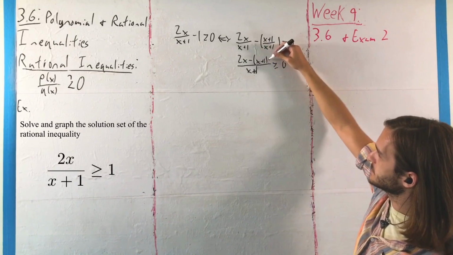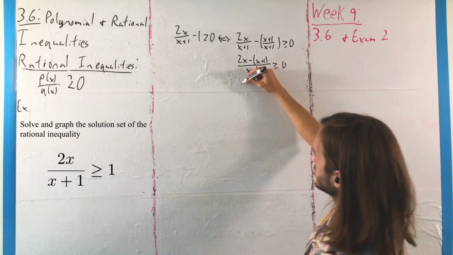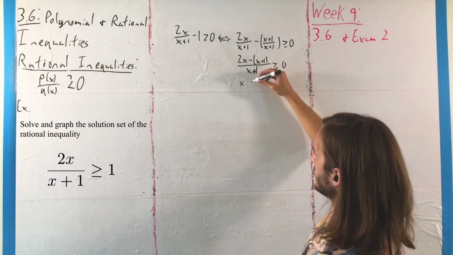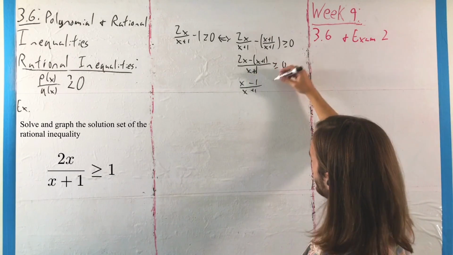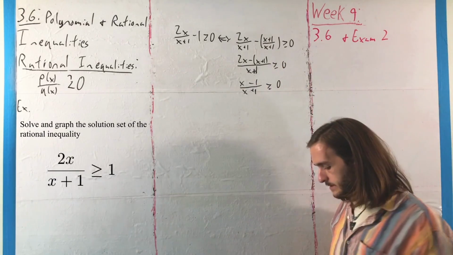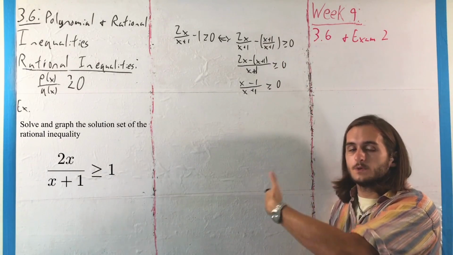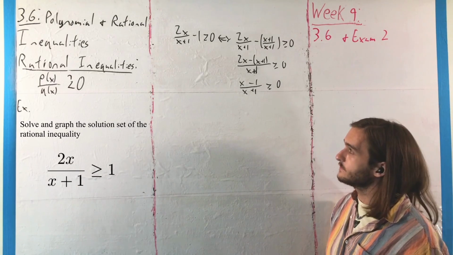And from here, we'll factor in the negative, so that would be a minus x. We would get x minus 1 over x plus 1 is at least 0. And from here, for one, it's a little bit cleaner, and two, it's pretty easy to notice what our boundary values could possibly be, what values we're looking for.